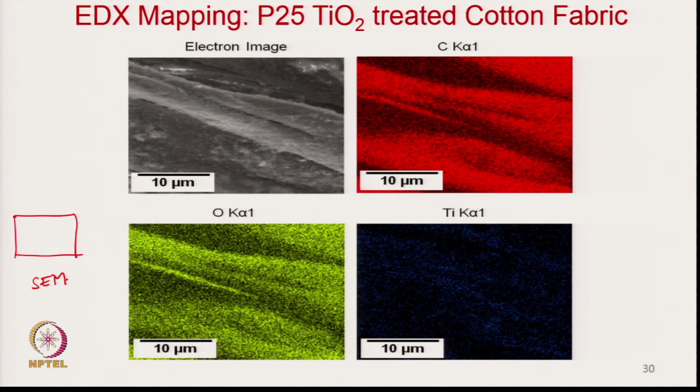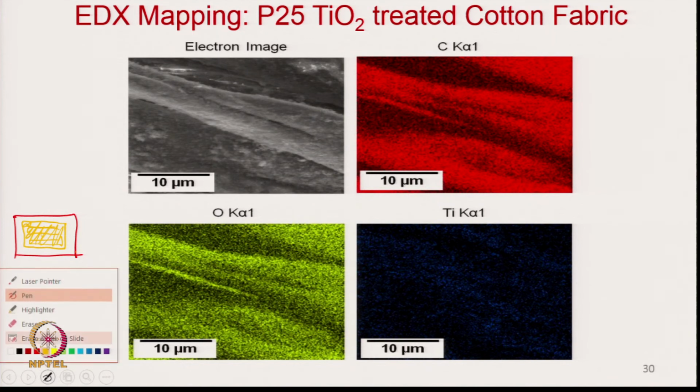EDX can work as an area scan, so in a sample it can take a big area of the material. You can choose it as an area signal, and it takes the average of everything present in this spot or in this area. So there will be carbon, nitrogen, phosphorus, whatever elements are present, they all will be detected.